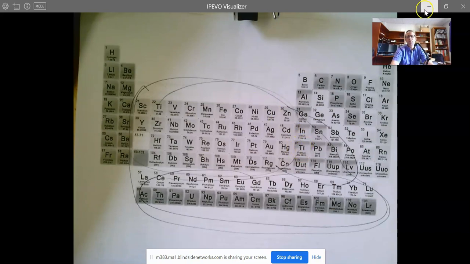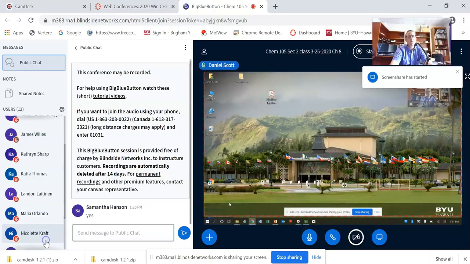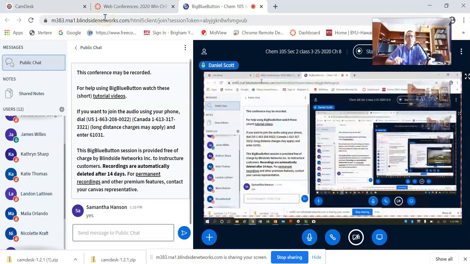So I'm going to break us into groups, and what I want you to do is write the electron configuration for thallium, and then identify the number of valence electrons, just like we did, look at the orbital diagram, and make a prediction about the kinds of ions that thallium would like to form.